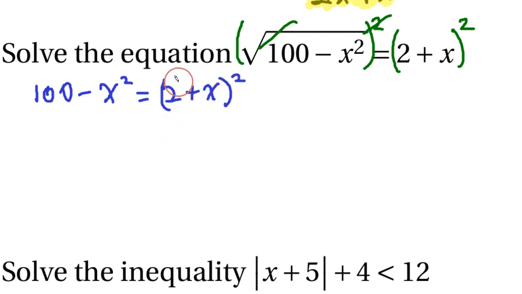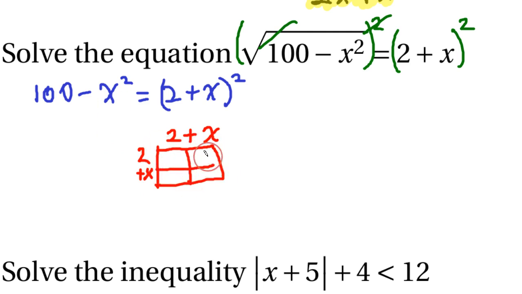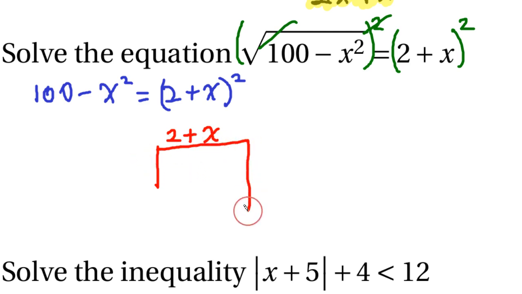distribute the square inside the parentheses because there's this plus right here, which means that really it's 2 plus x times 2 plus x. And using an area model here, I'll make my square a little bit bigger because I can't fit all of it in.